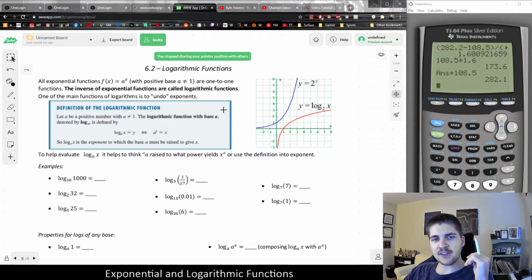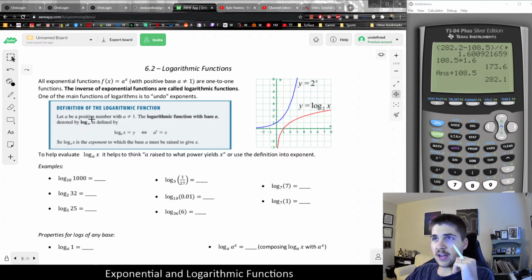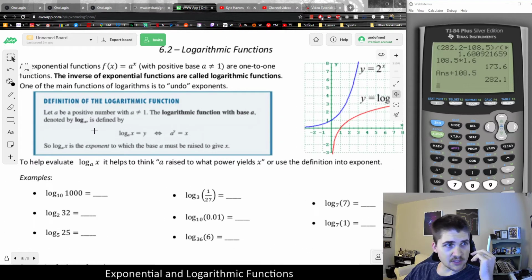If we look at the definition, which is found in an average textbook, it would say: let a be a positive number with a not equal to 1. The logarithmic function with base a, denoted by log with the subscript a beneath it, is defined by log base a of x equals y, if and only if a to the y equals x.